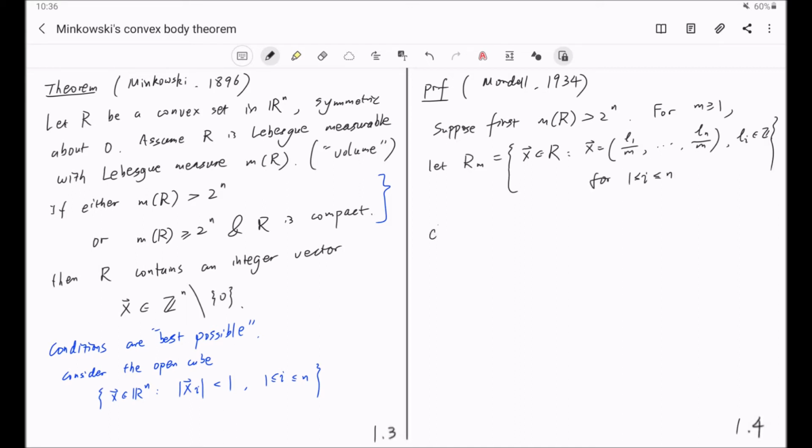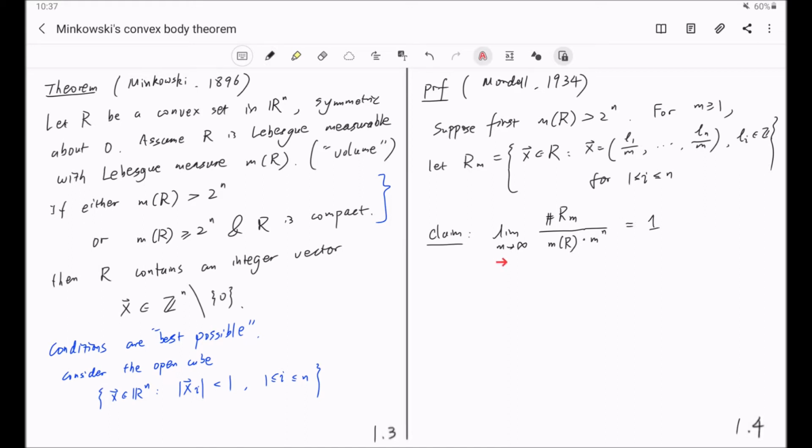Now we make the following claim. We claim that if you consider the limit as m goes to infinity of the ratio, in the numerator you get the number of points in R sub m, and in the denominator it is the measure of R times m raised to the power n, and you take the limit as m goes to infinity, you get 1.